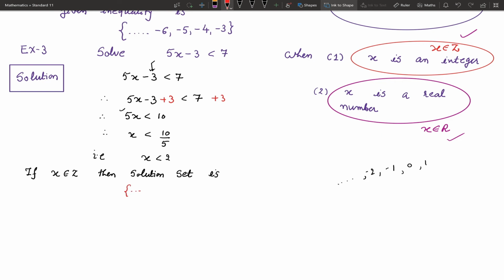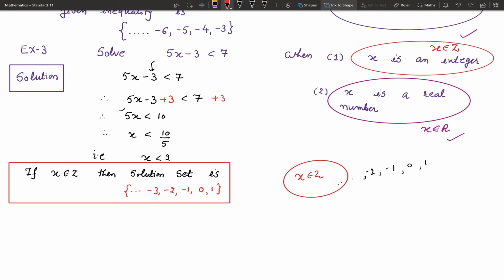We can't denote all integers, so we have written dash dash dash, -3, -2, -1, 0 and 1. So in the case of x belongs to Z, this is the solution set.